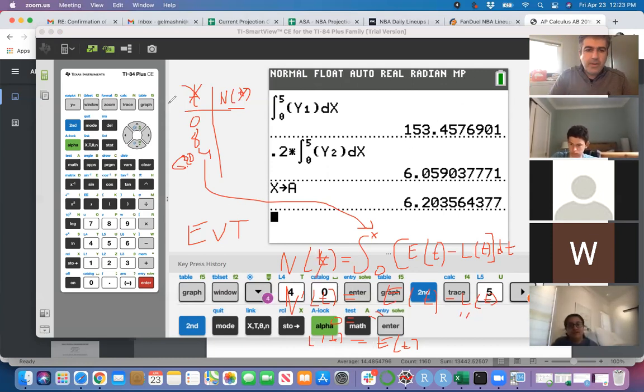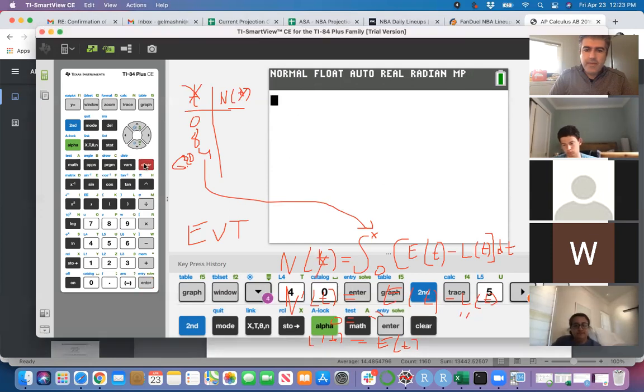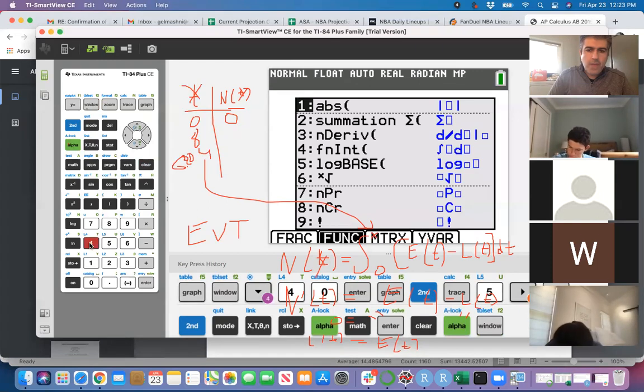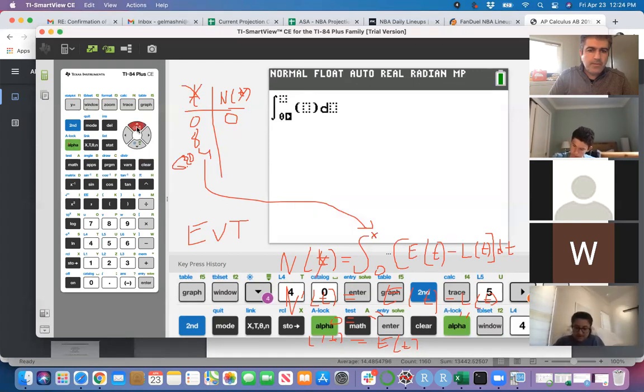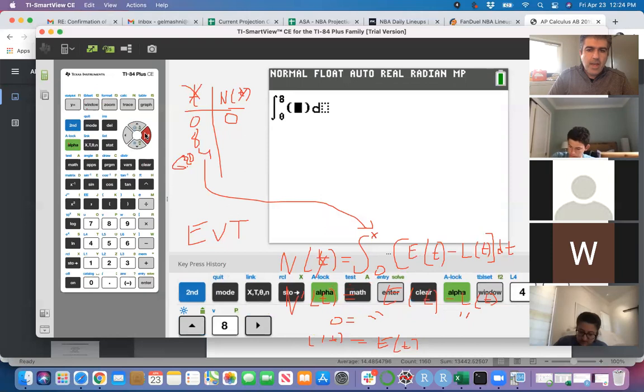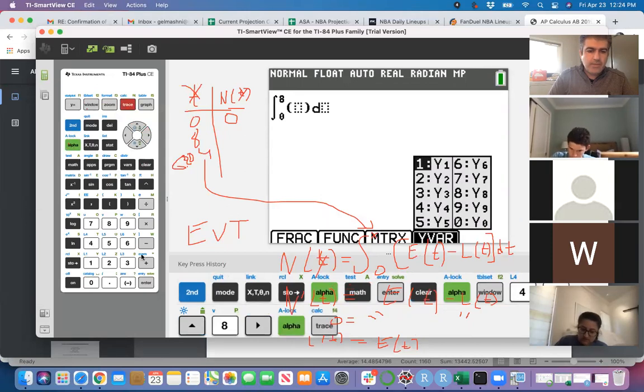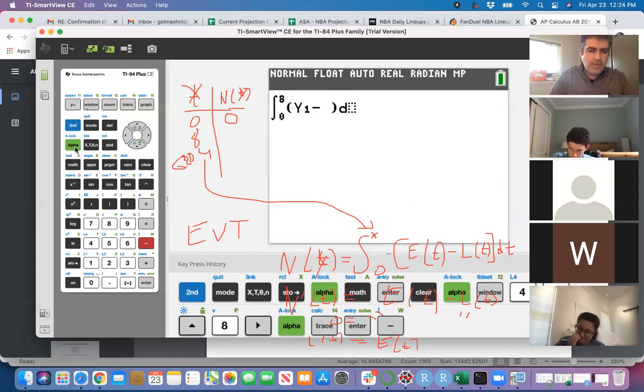So let me go ahead and clear the calculator here. Now, first of all, the integral from 0 to 0 is 0. So that's easy. I don't have to worry about that at all. Now, for 8, I'm going to hit alpha window, option 4, 0 to 8, and I'm doing alpha trace y1 minus alpha trace y2.